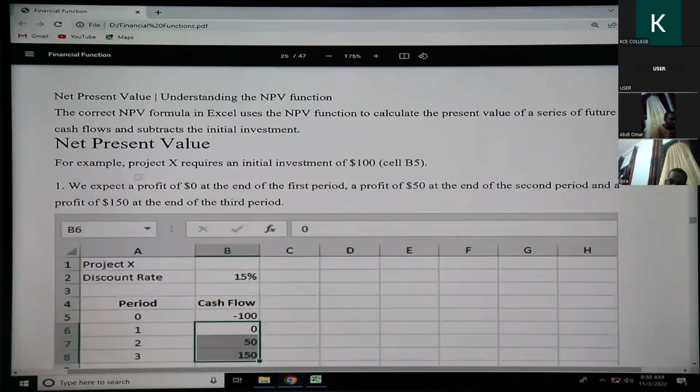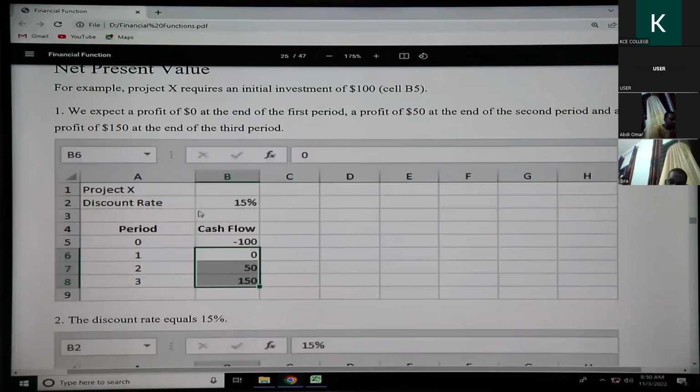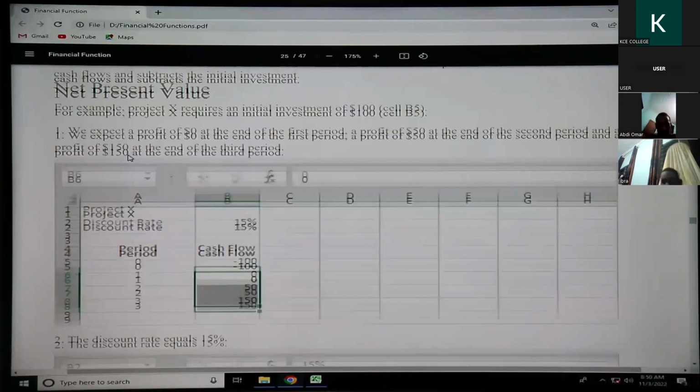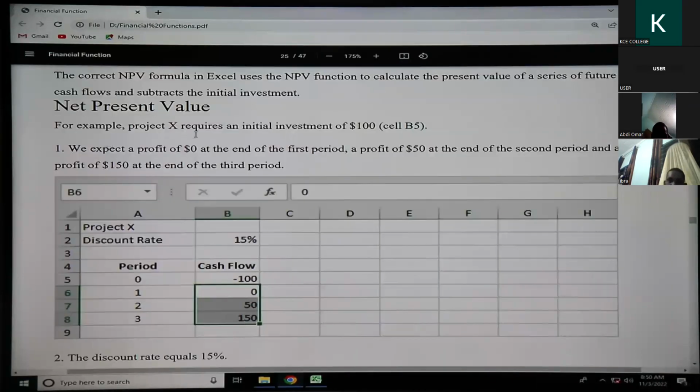That is the net present value. It talks of the formula that we use here. Like in this exercise, we are told that project X requires an initial investment of $100, already recorded here in cell B5.